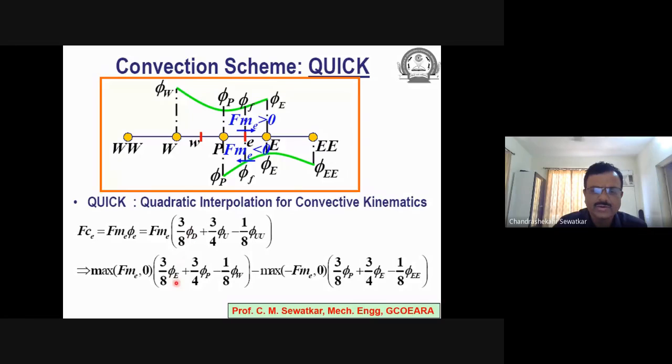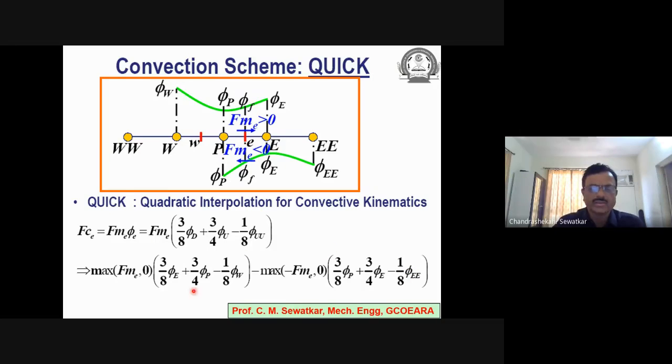Now phi d is phi e. If the flow is occurring in positive x direction, my phi d is phi capital E, phi u is phi capital P, and phi uu is phi capital W. When the flow is occurring in negative x direction, my phi d is phi P. See here, phi d is phi P. My phi u is phi E, and phi uu is phi EE.